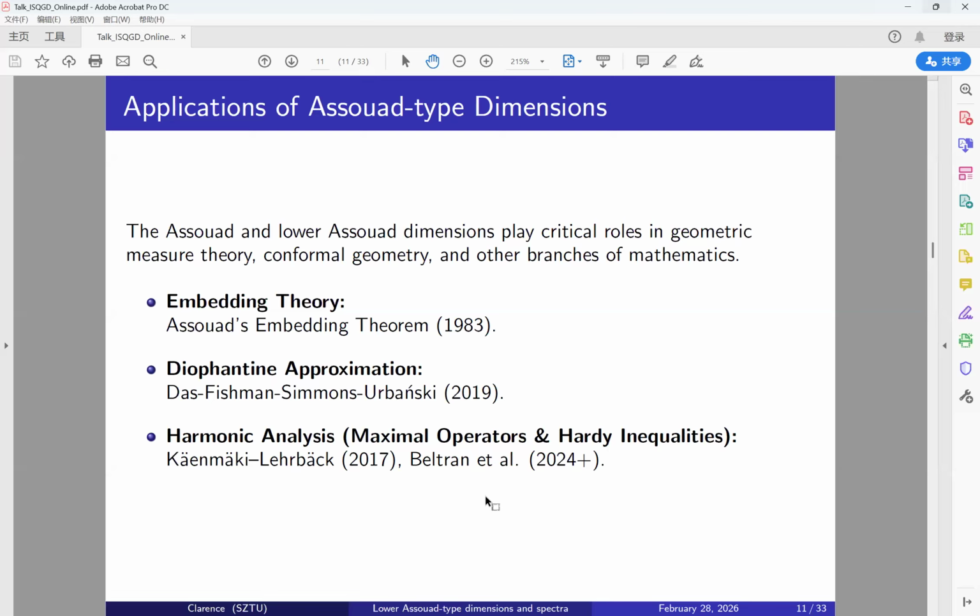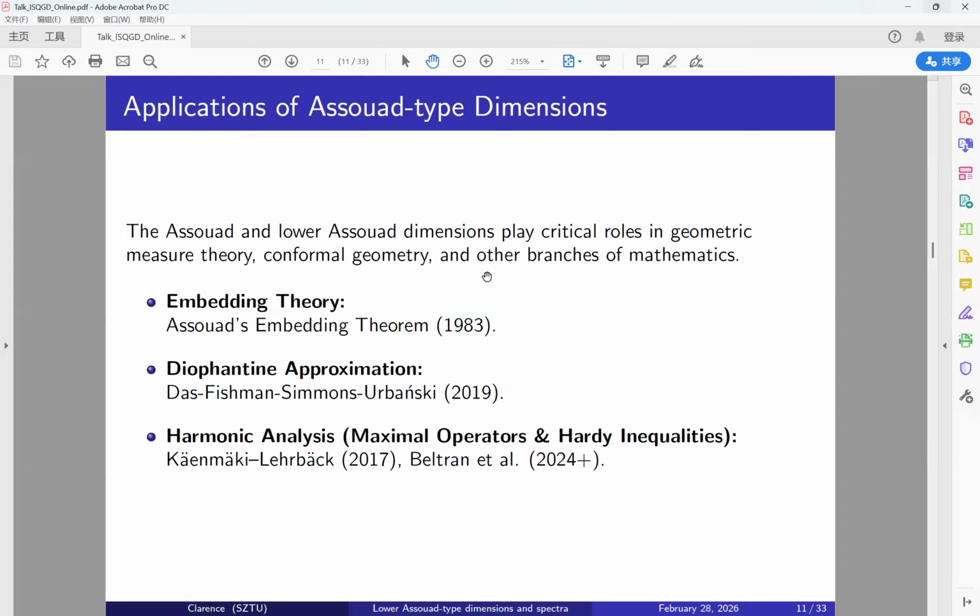As for the applications of Assouad type dimensions, they can be applied to some geometric properties and other branches of mathematics. The Assouad and the lower Assouad dimension play critical roles in geometric measure theory, conformal geometry, and other branches of mathematics like embedding theory. One of the famous results in embedding theory is Assouad's embedding theorem, but I will not go deep into this result today.